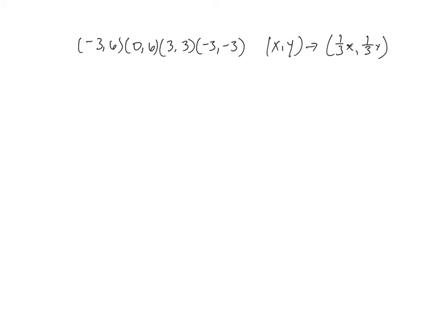So the points are -3, 2; 3, 6; 0, 6; 3, 3; and -3, -3.